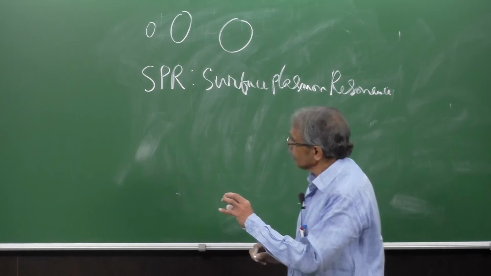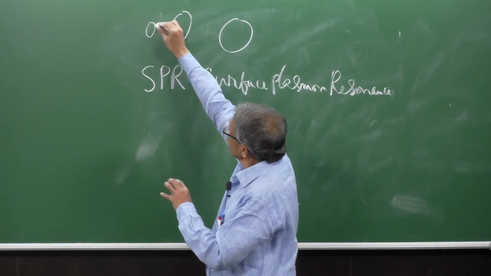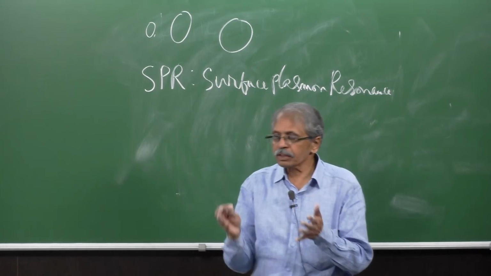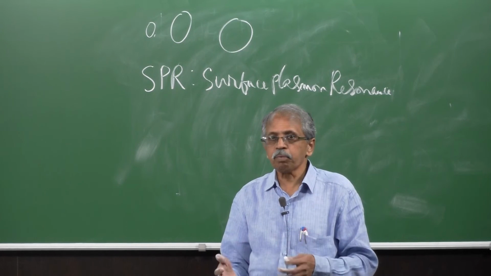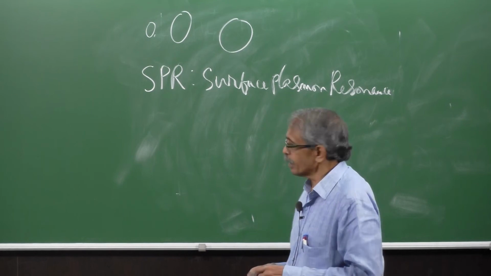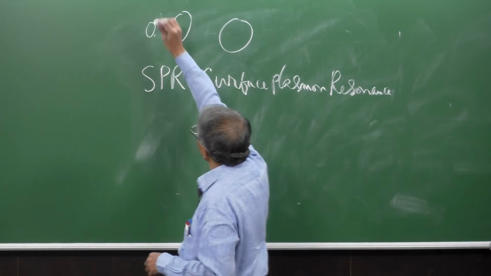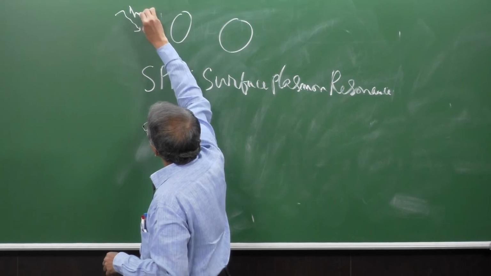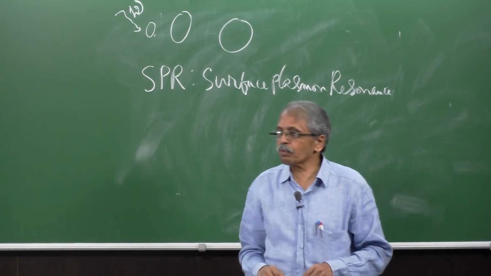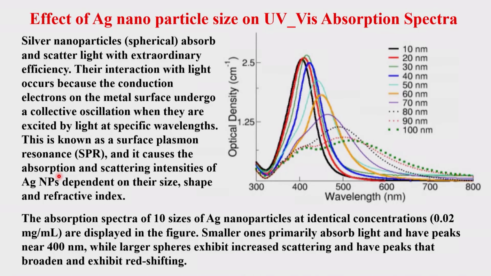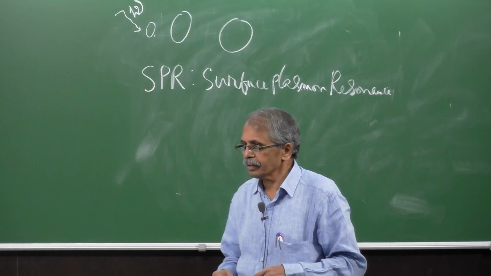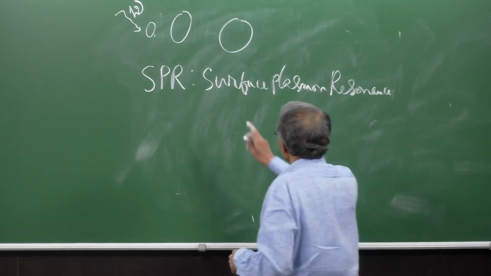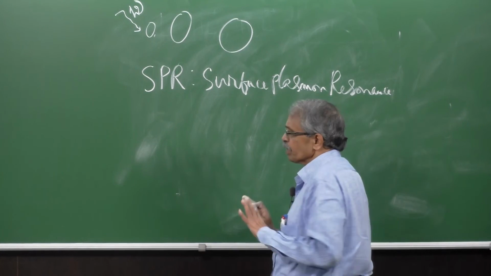You have these particles, and the particles will have electrons in the surface part of them. The conducting electrons on the metal surface, when you shine light on that, will collectively oscillate. When they collectively oscillate, you get an absorbance signal, and that is referred to as the surface Plasmon resonance in very simple terms.